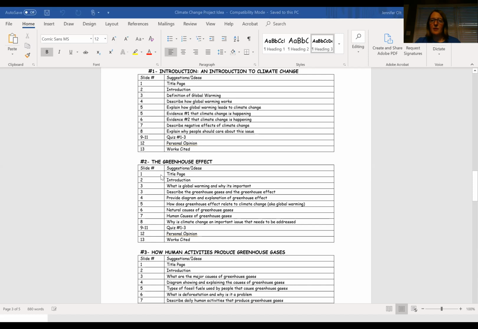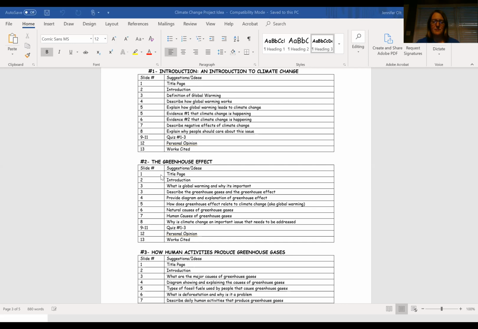If you chose topic number 2, the greenhouse effect, your slide 6 should talk about natural causes of greenhouse gases. Remember, that means what are some things that just happen that we have no control over that are causing greenhouse gases? We talked about that during one of the PowerPoints. I touched heavily on things that we have no control over.